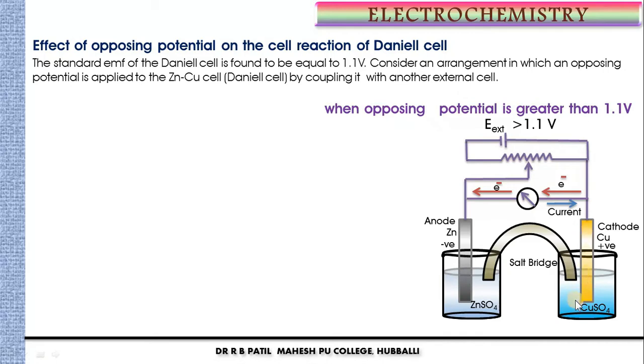Copper metal starts dissolving in copper sulfate, and zinc ions are going to deposit on the zinc electrode. Electrons start flowing from copper to zinc. Current will flow from zinc to copper. Everything is reversed, and under this condition, as I told, the cell acts as an electrolytic cell. I hope that this concept is clear.